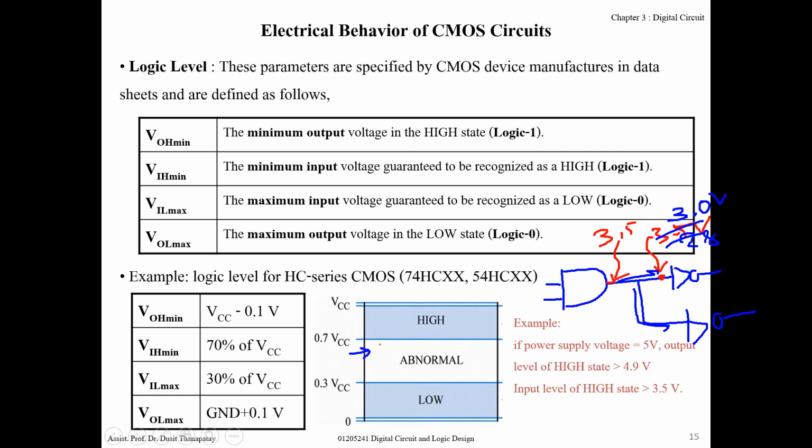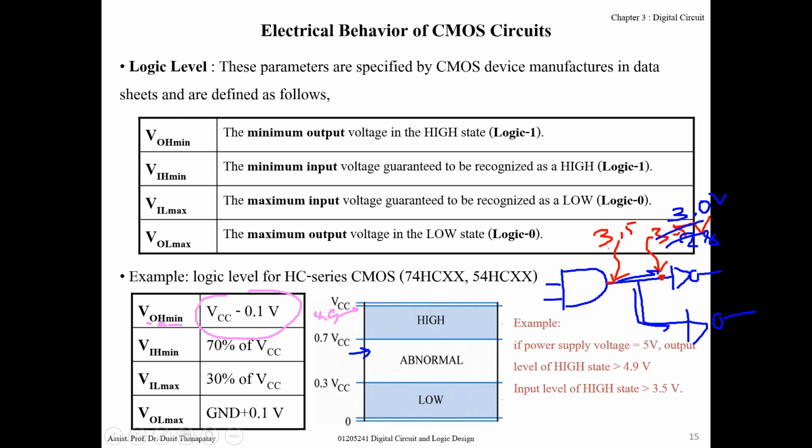To avoid this, the standard for the output level of a logic gate has some margin. For CMOS, the minimum output level for logic high is VCC minus 0.1. Namely, for VCC 5 volt, the level is 4.9.